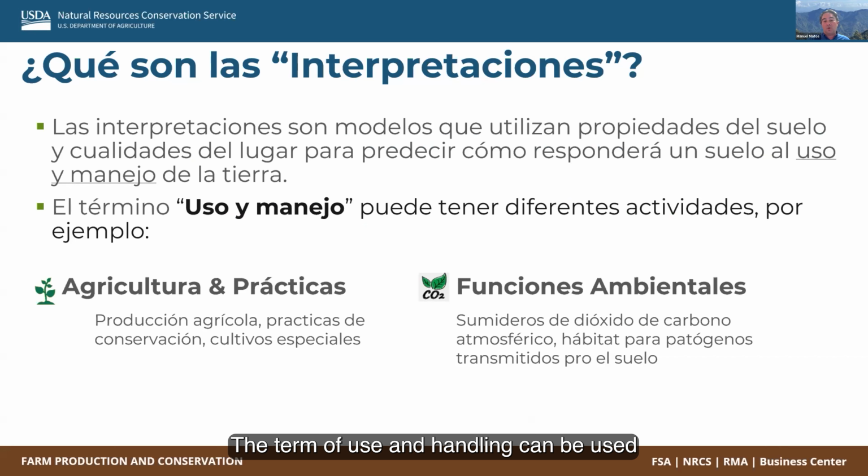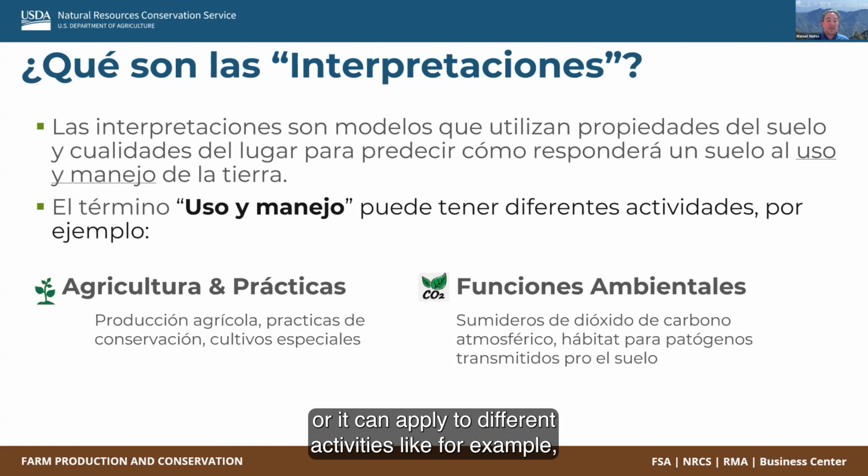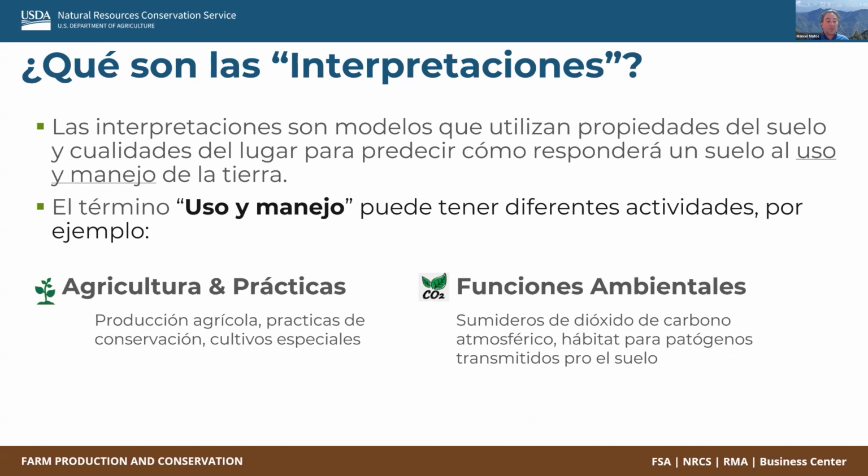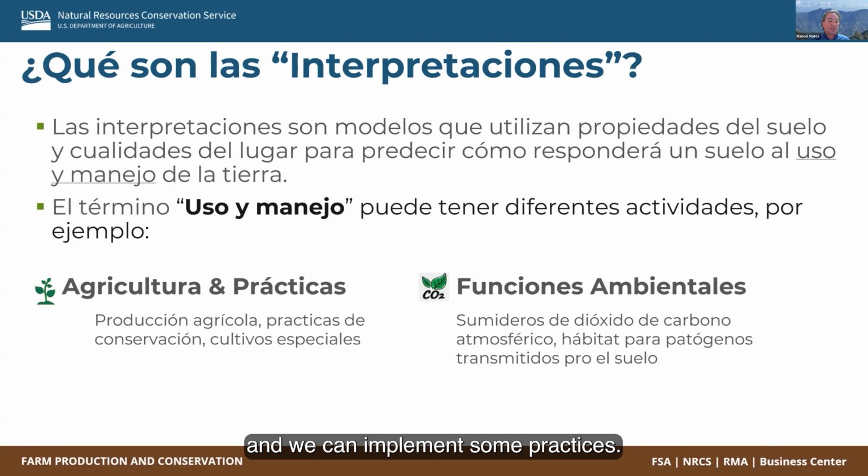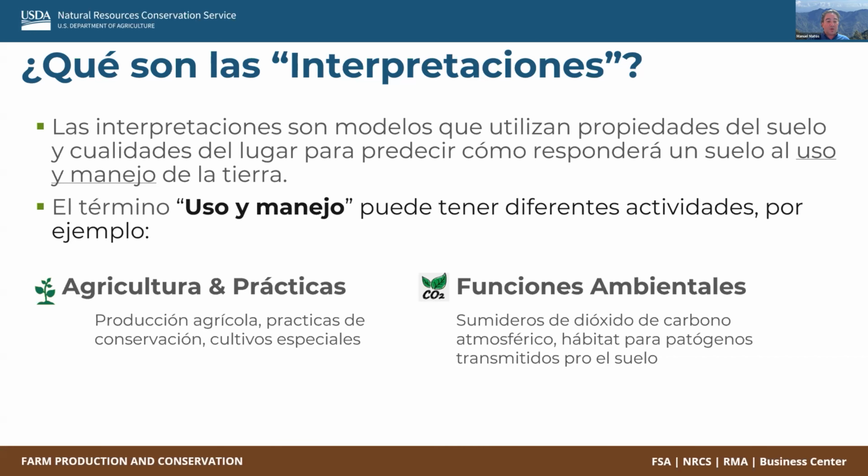The term use and handling can apply to different activities. For example, it can be used for agricultural practices, and we can implement some practices, be they agricultural or conservation practices, for specific crops.